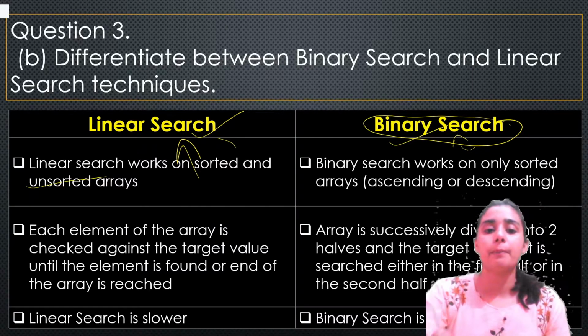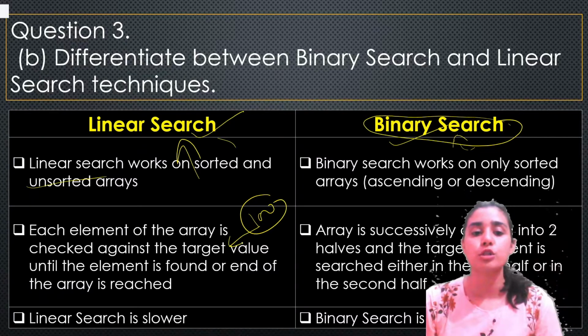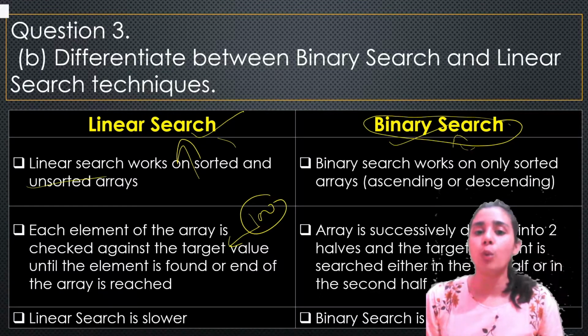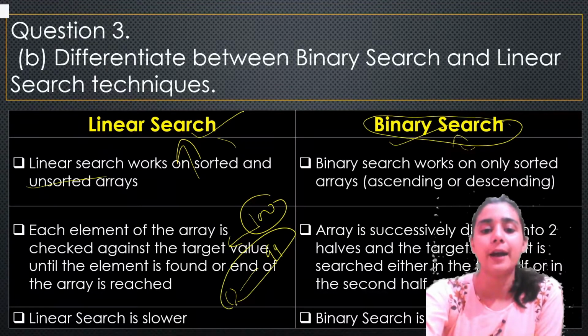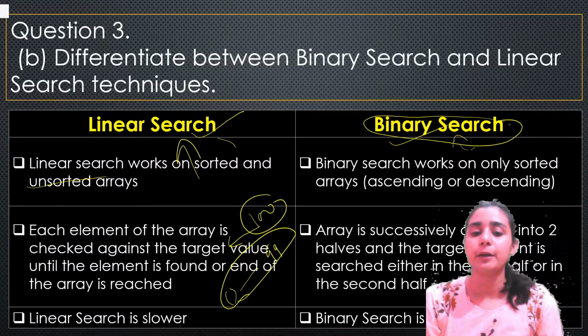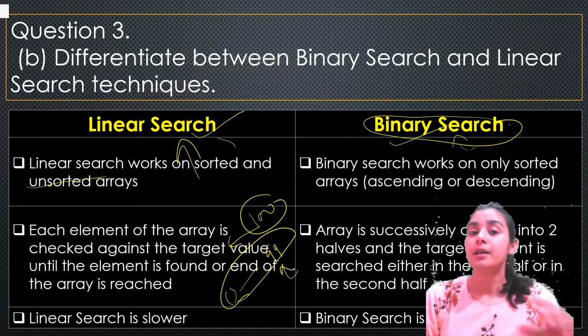For example, you have 100 elements in the array, and what you want to find is not there. What will happen then? It will search from 0 to 99, and after that it will tell you that whatever you want to find is not in the array. Or take another example: the item you want to find is at the 99th index.